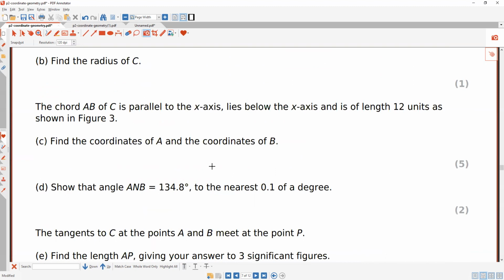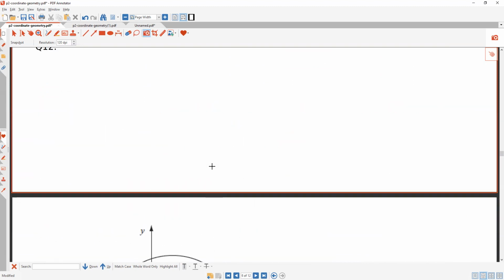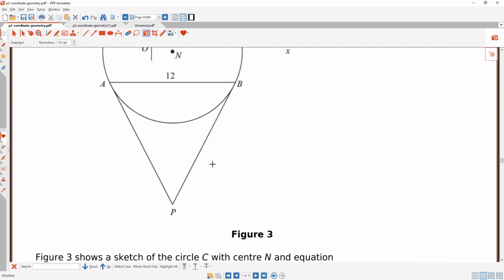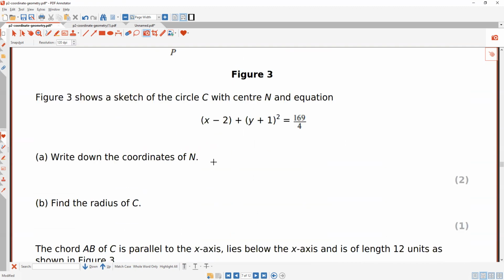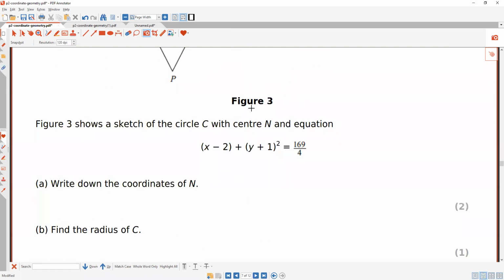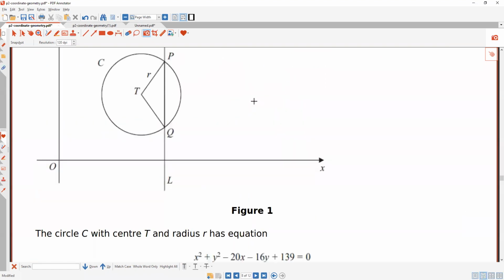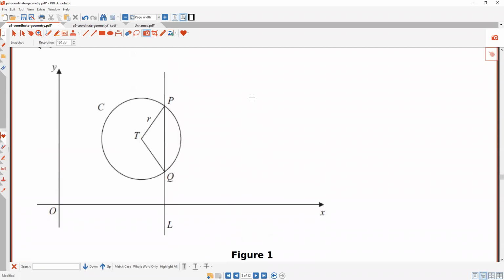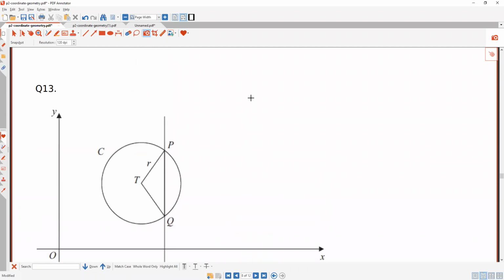We left it in between, right? Why don't you do this question again? Or no, let's do something else. Did we do this? No, we finished it. Did we do number 13? Nope.